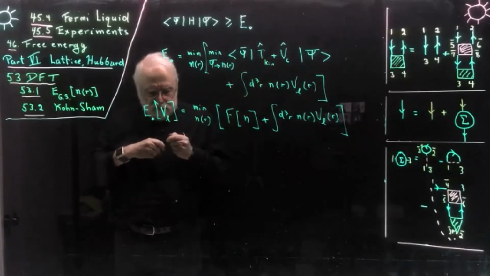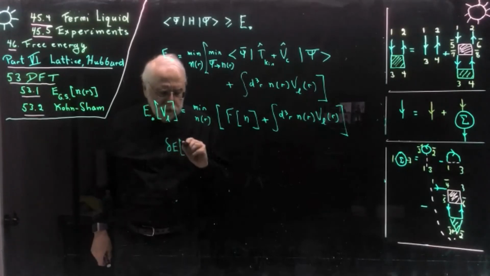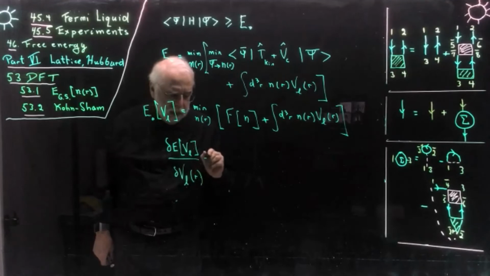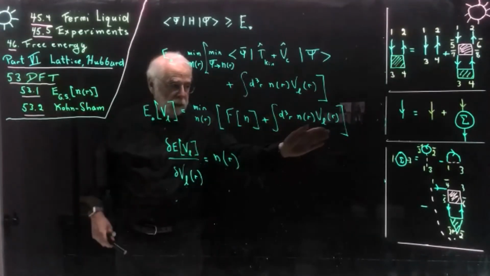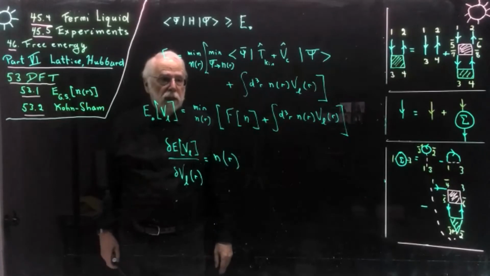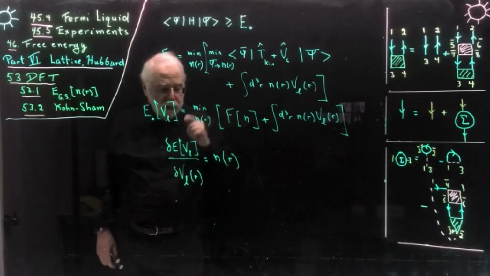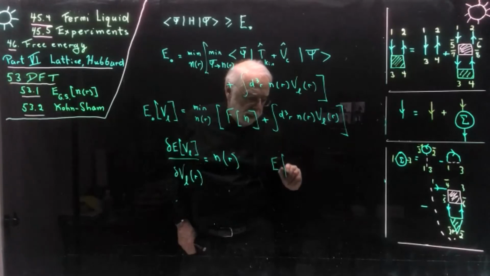So I have that the functional derivative of the energy, that's a functional of V_L, with respect to V_L of r is equal to n of r, okay? That's the only contribution. So in principle, I can invert this equation, and now I can write the energy. The energy can be written as a functional of the density.